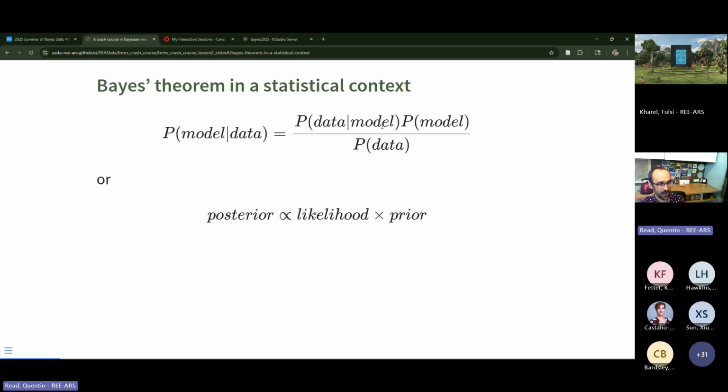The probability of the data given the model, that's the likelihood, and the probability of the model, so the probability of our parameter estimates before we've seen the data, that's our prior, right? The prior is just P(model). Data is not included in it, so the prior is what we know before we see the data. All the other terms have data in them somewhere, so we need data to get them.